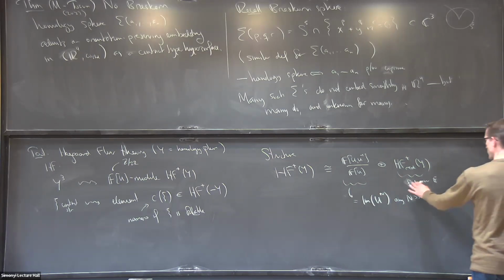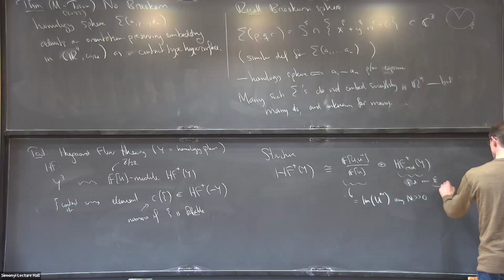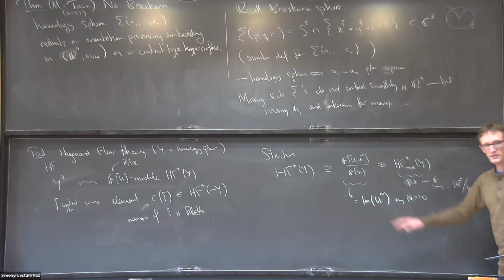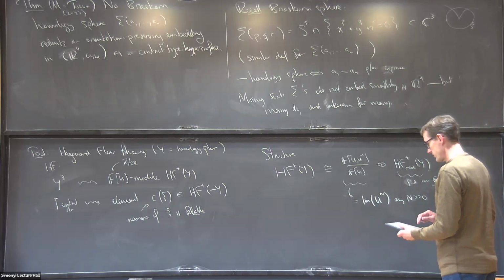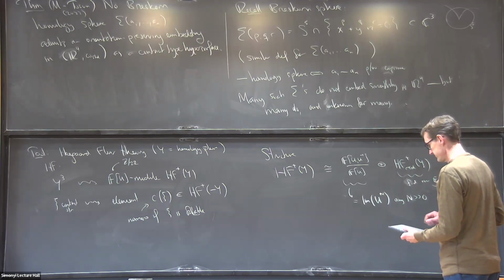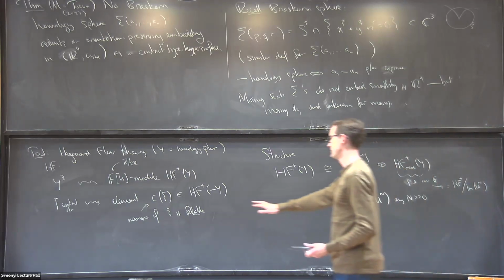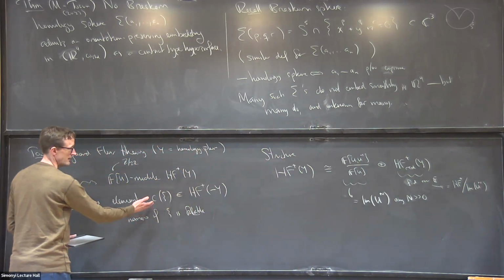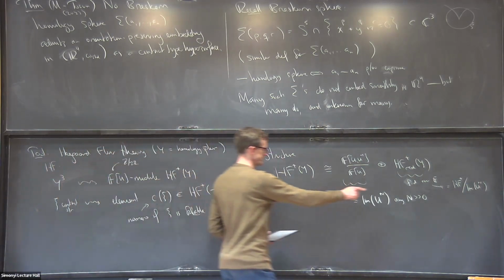So maybe the more canonical definition of this piece is that it's equal to HF-plus modulo this image. Part of the structure is, of course, that this image stabilizes for large n. Okay, so what's relevant for our obstruction is you take this element here and you look at its image in this quotient.